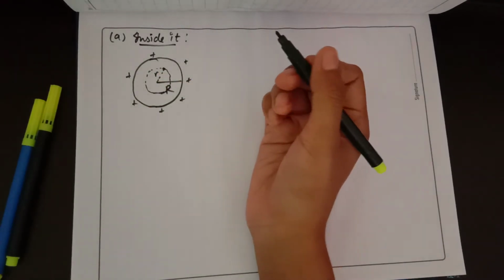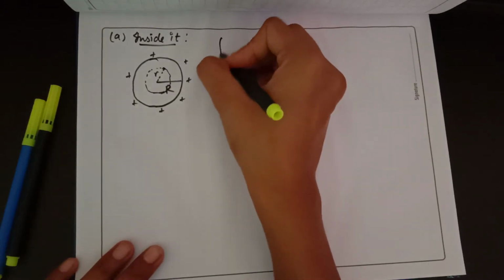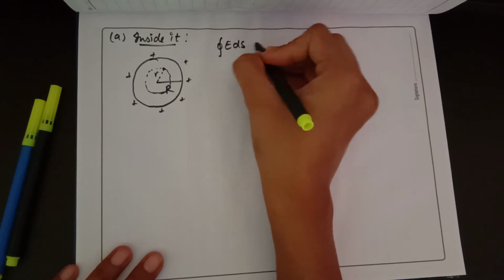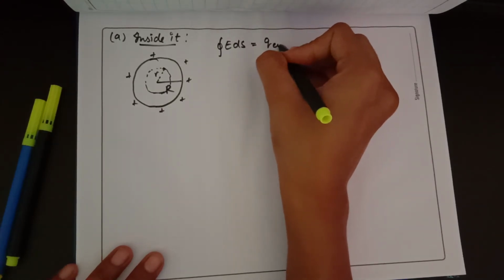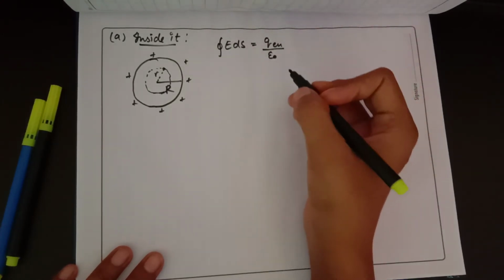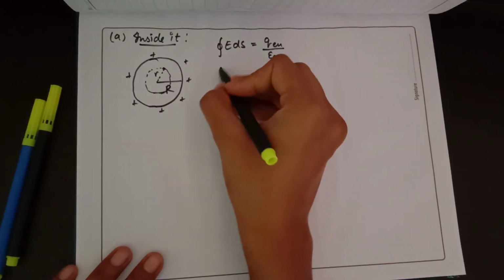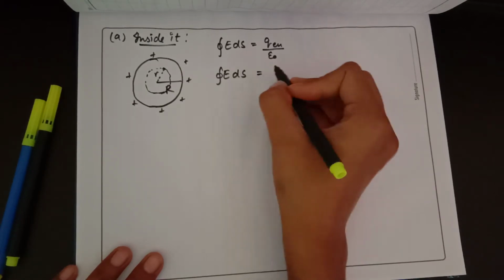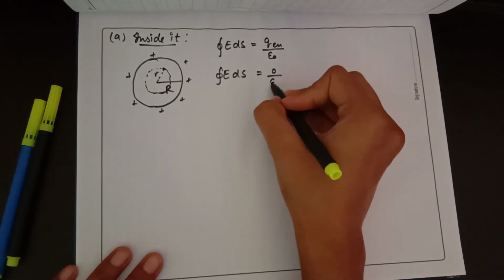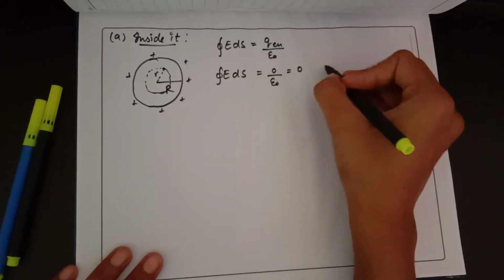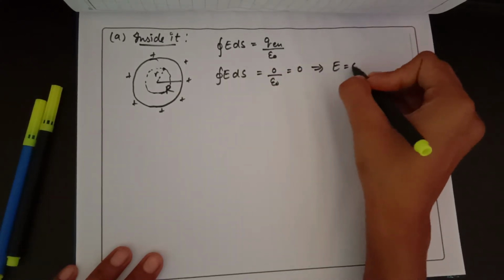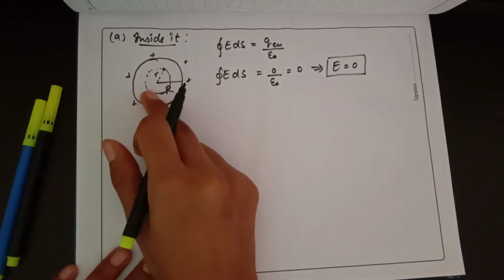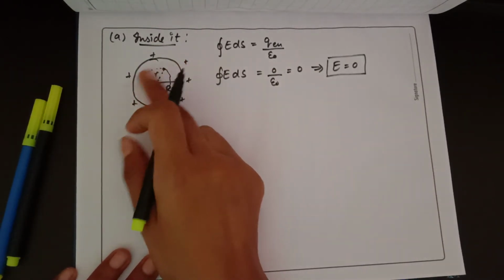According to Gauss's law, the closed surface integral of E dot ds is equal to Q enclosed divided by epsilon naught, and Q enclosed is 0 here, so E dot ds is equal to 0 upon epsilon naught, which is 0. So from this equation I get E equal to 0 inside the surface. Inside a conducting shell, the electric field will be 0.